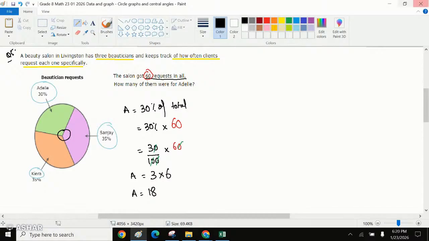We found the number of times Adel was requested, or you can use 30% as 0.3. You multiply by 60 and you get the same answer, right? So rather than multiplying with a decimal, what I prefer doing is removing the percentage sign and putting 100. Okay, this is much easier. Okay, let's see the next question.